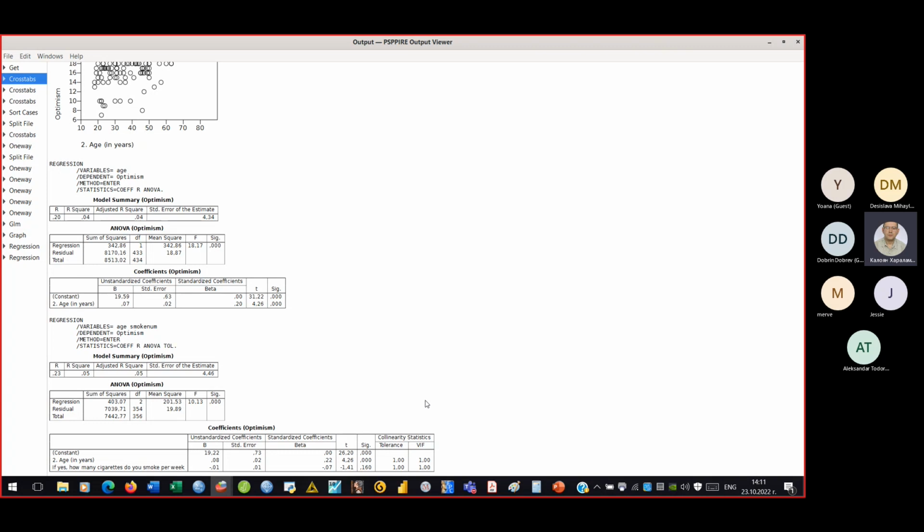So there is not a relation between number of cigarettes per week and optimism.